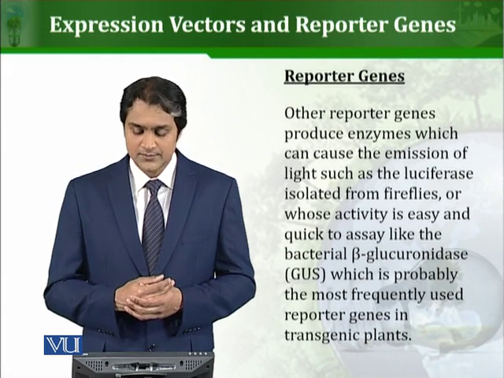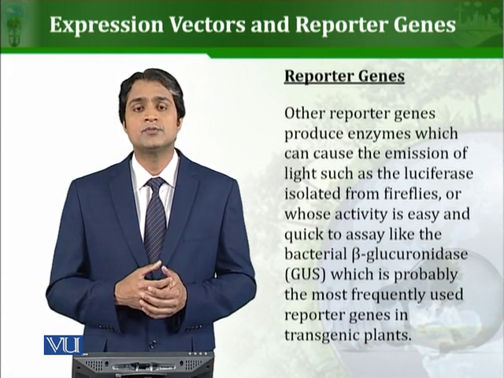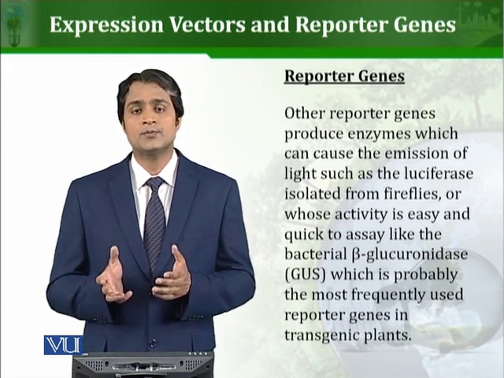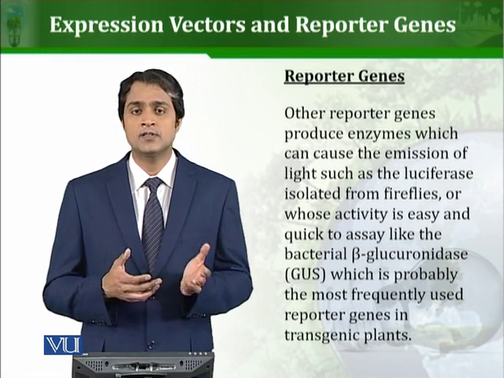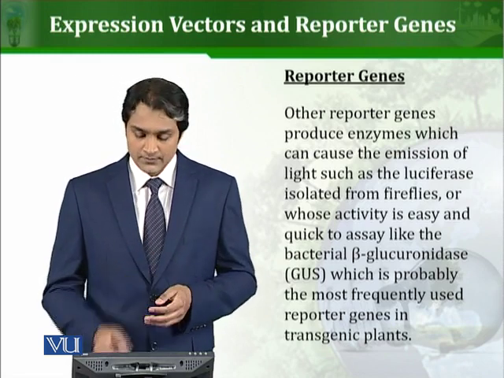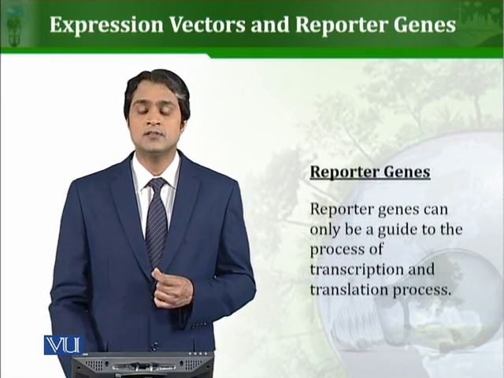There is the GUS gene as well, which is basically the beta-glucuronidase enzyme, and it is also being used to identify the clones which are actually expressing our protein of interest and the clones which are not. So you can see here there are so many different reporter genes which are used in expression cloning experiments.